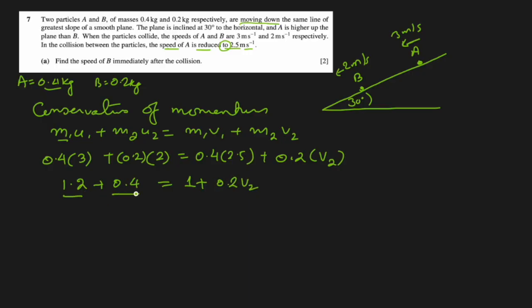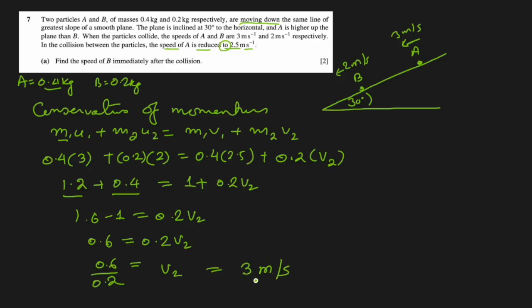So 1.6 minus 1 equals 0.2 v2. 0.6 equals 0.2 v2. So v2 comes out to be 0.6 over 0.2, that is 3 meters per second. That is the speed with which B moves down.